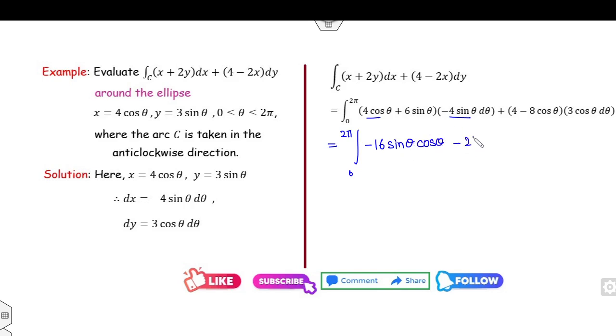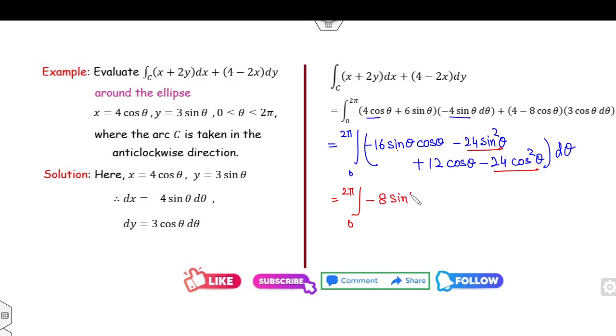This is minus 24 sin square. This is plus 12 cos theta, minus 24 cos square theta. You can see this number is minus 24. I can multiply by 2 and divide by 2. So this is sin of 2 theta. It's minus 8 sin 2 theta, minus 24 plus 12 cos theta.